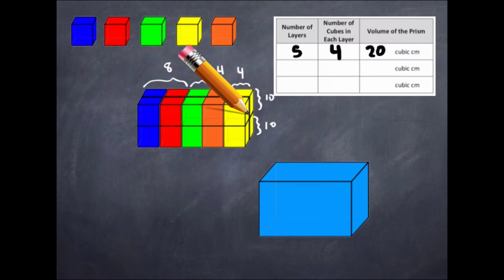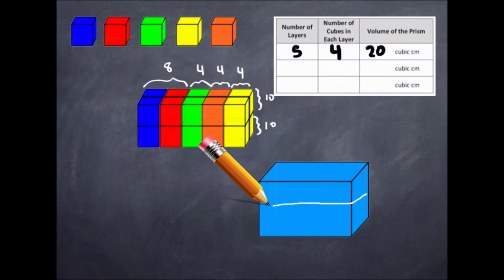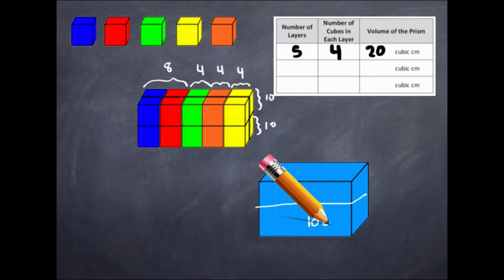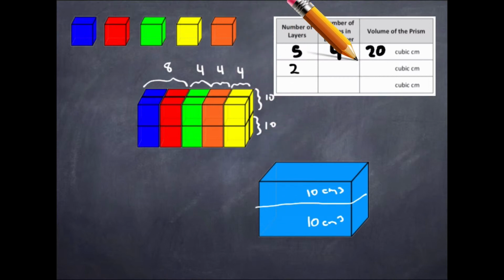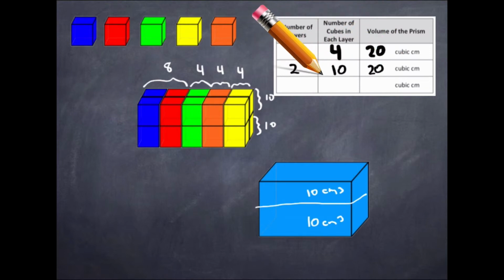Well, again, we'd be doing like we did here, right? I would be making a cut right along this way, and this would be 10 centimeters cubed down here, 10 centimeters cubed up here. 10 plus 10 would give me 20. So I would have two layers with 10 in each layer. 2 times 10 would still be 20. So I'm still getting the 20 cubic centimeters. I'm just splitting it up in a different way.